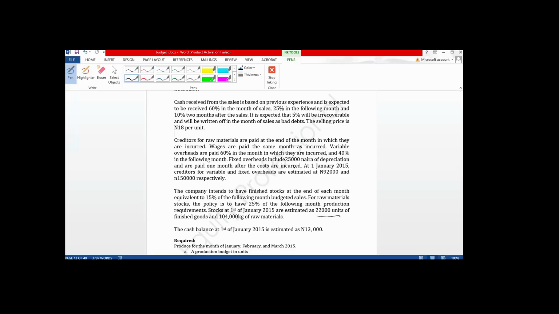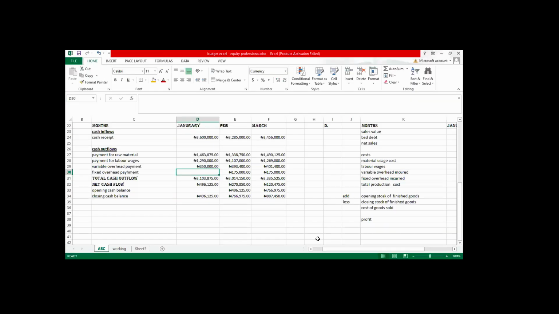That is the overhead for December 2014, to be paid 1 month later. That will be paid in January. That was why it was carried as creditors. You come here. We have 150,000 here.